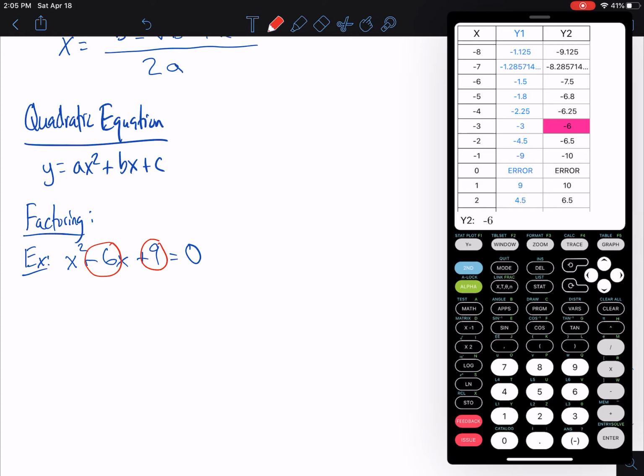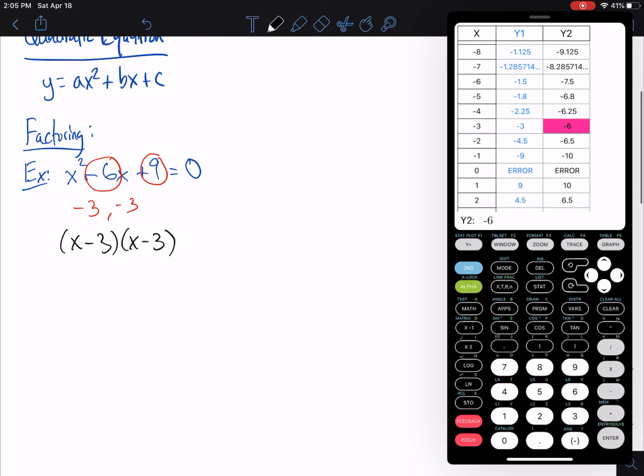We scroll and we can see the third column is negative 6. So the two numbers that got us there were negative 3 and negative 3, and that meant that when we factored, we got x minus 3 squared as our factoring. Excellent.